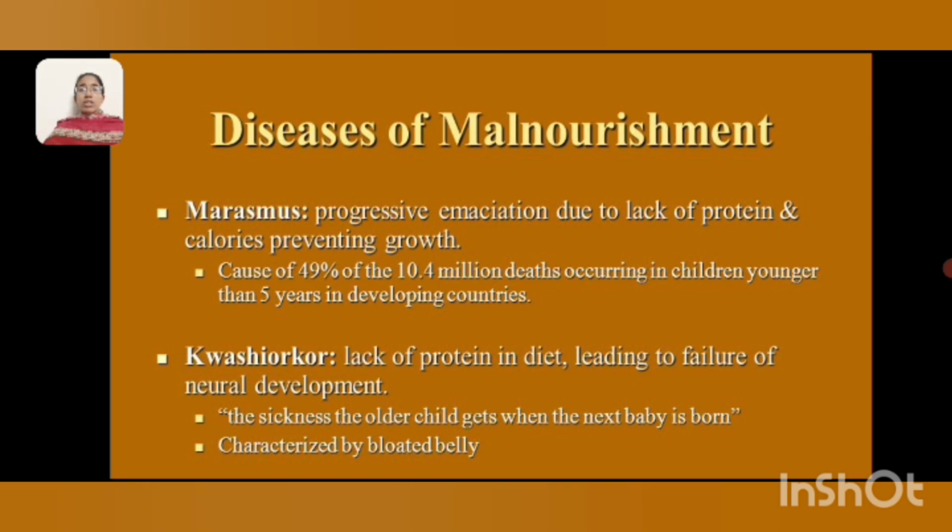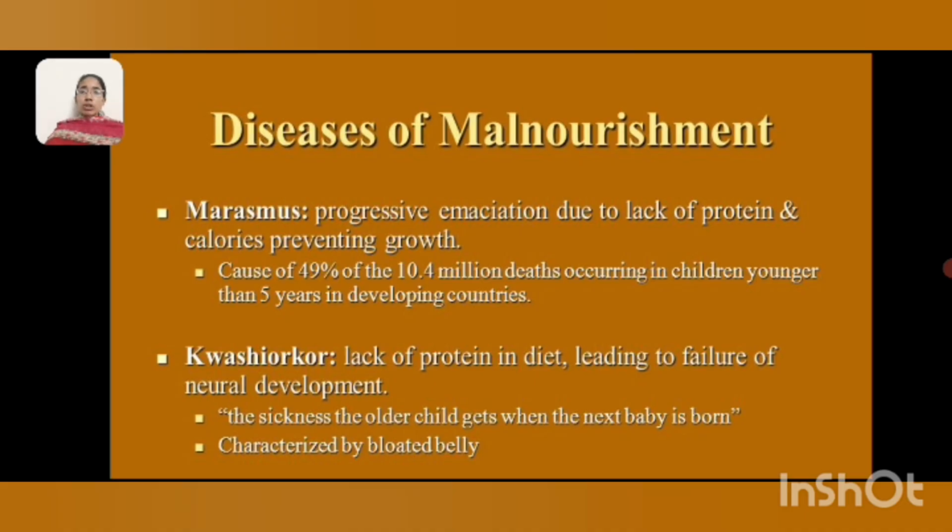There are two diseases which are more prevalent in our country. First one is marasmus and the second one is kwashiorkor. Marasmus is a disease which occurs in our body due to the lack of protein and calories in our diet. When a child's diet is lacking protein or calories, the child's growth will be affected and prevented, which leads to malnutrition.